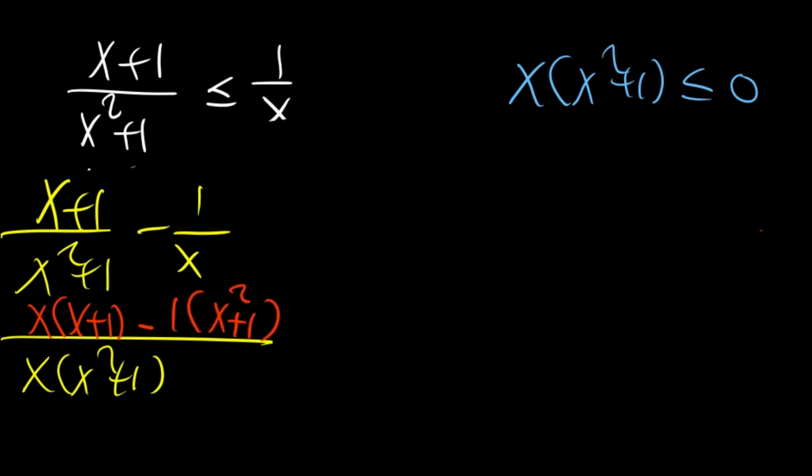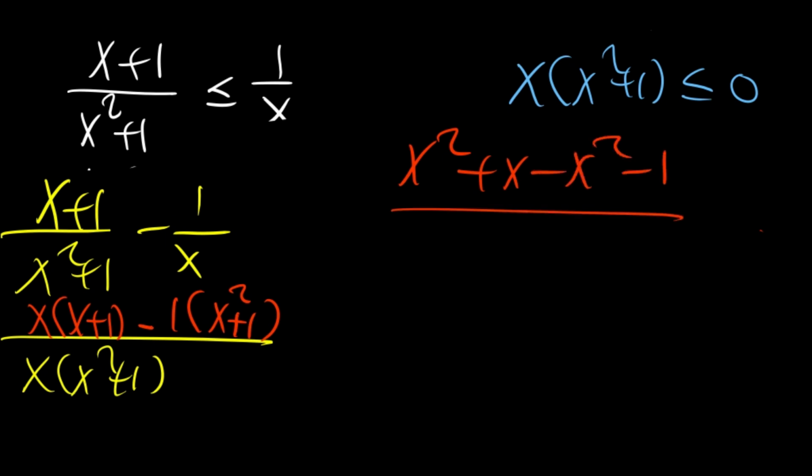Which negative are you talking about? Which positive are you talking about? Because this time this is going to give me x squared plus x, and then I'll have minus x squared again minus 1. Which positive? Oh, okay.